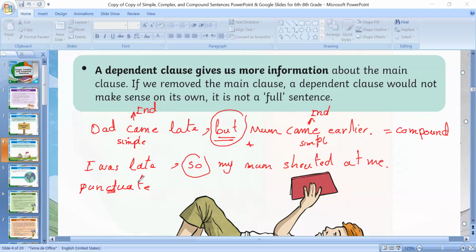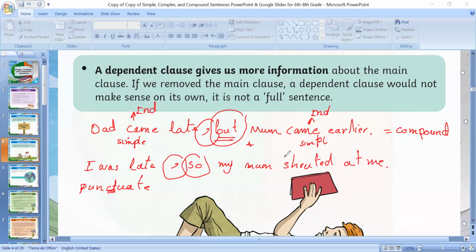What I mean by the punctuation is the use of the comma here and the use of the comma here. To separate the sentence. Again? To separate the sentence.